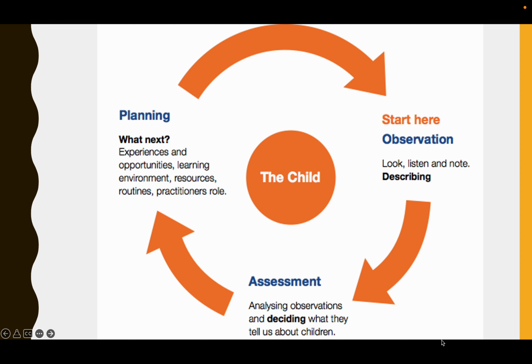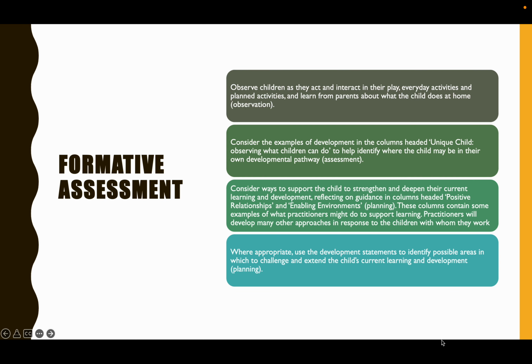And the third pillar of the cycle is planning. So planning next steps, planning targets, planning activities, and planning the environment for children should be informed from the observation and the assessment that we've undertaken.